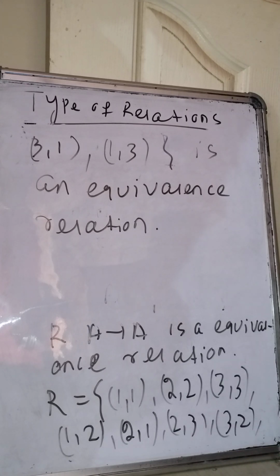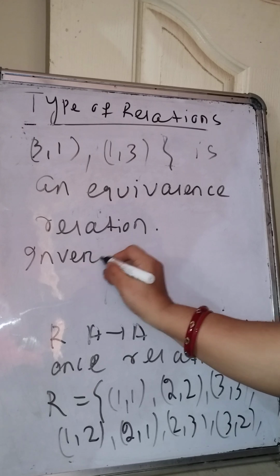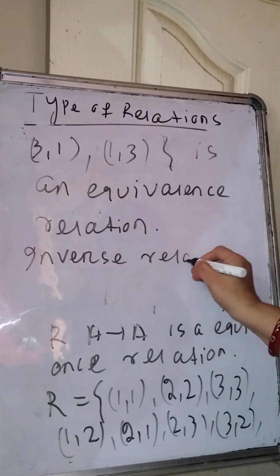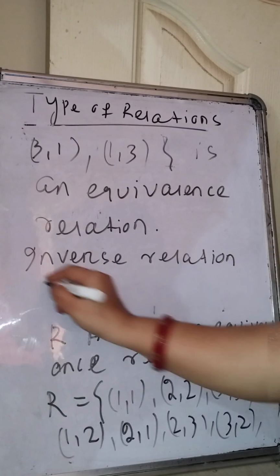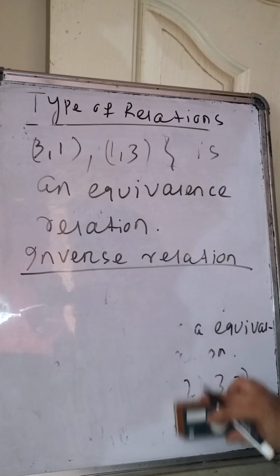Now another type you can define is the inverse relation. The last type is the inverse relation. So what is an inverse relation?